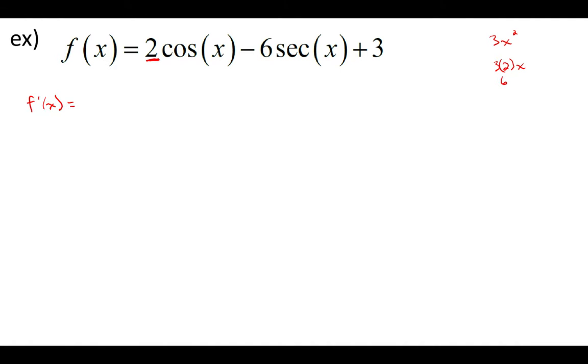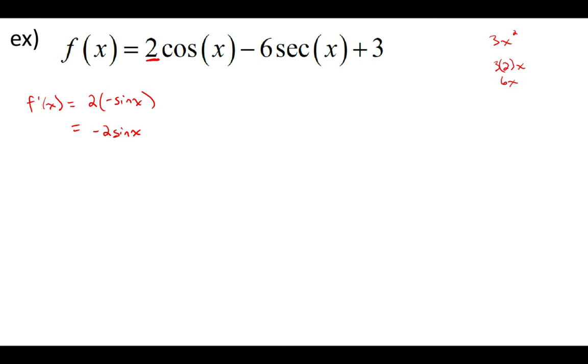We kind of do that in one step. However, with a trig function, there's nothing to really multiply it by, so it's just going to hang out in front. So the derivative of cosine is minus sine. So this ends up becoming 2 times minus sine x. Traditionally, we just go ahead and write this as minus 2 sine x. You'll get the hang of that the more that you do it.